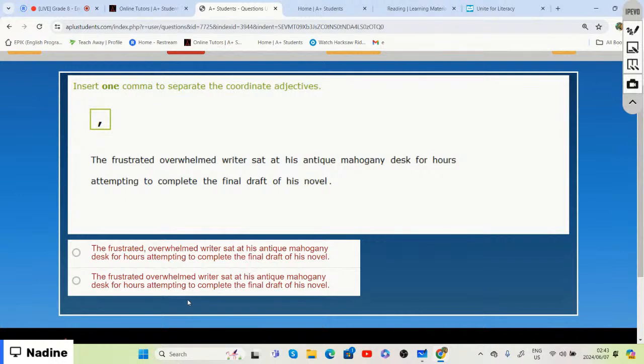And remember, we said that we can put a comma in between the two adjectives and see if the sentence changes. If the sentence changes completely, we cannot say it's a coordinate adjective. But if the sentence stays the same, then it is a coordinate adjective. Or we can attempt putting and between those two.